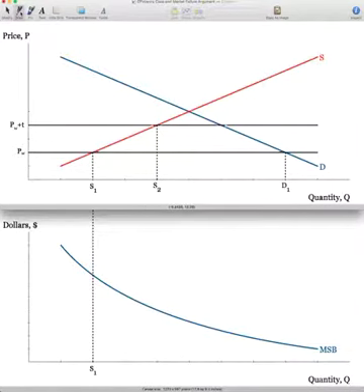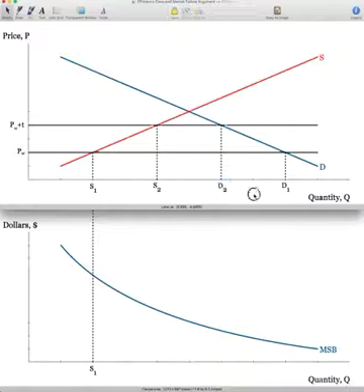Conversely, what are we going to see when we increase this price that includes now the tariff? Where it intersects domestic demand, that is going to give us the level of domestic demand after the imposition of the tariff. So this is going to be the new domestic demand. And again, I'm going to copy and paste this over and change this to a 2.